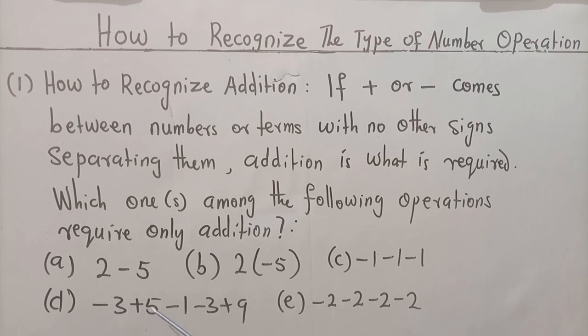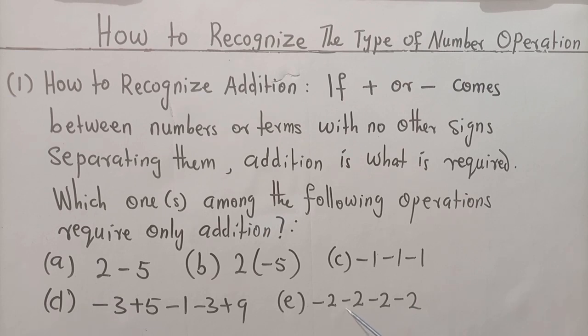Between 3 and 5, only this sign is written. Between 5 and 1, only this sign is written. Between 1 and minus 3, only this sign is written. Between 3 and 9, only this sign is written. So when this sign or this sign alone comes between numbers in a number operation, what is required is pure addition.